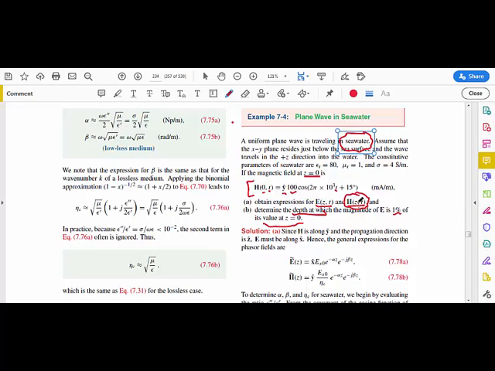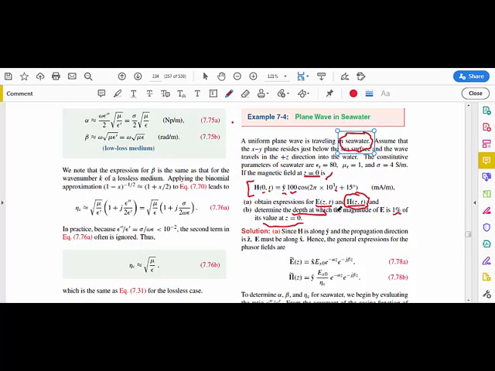Here we need to find the general expression of the magnetic field and also of the electric field at any position, any z, and at any instant, any time t. Here the magnetic expression is at a certain position where z is equal to 0.